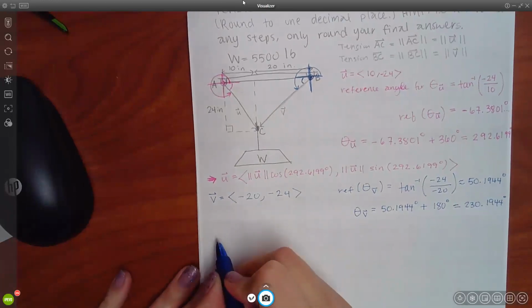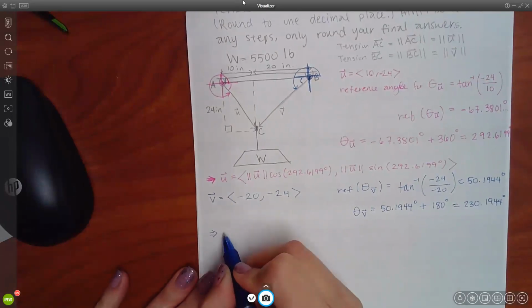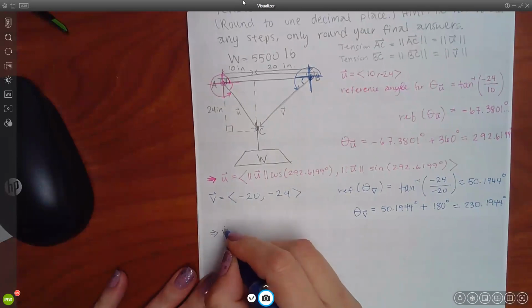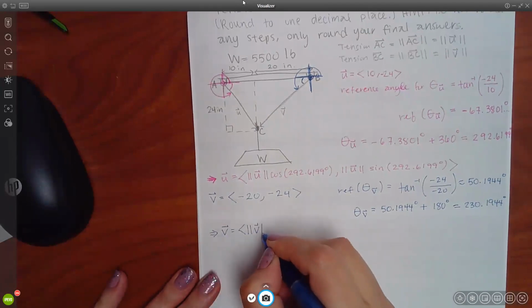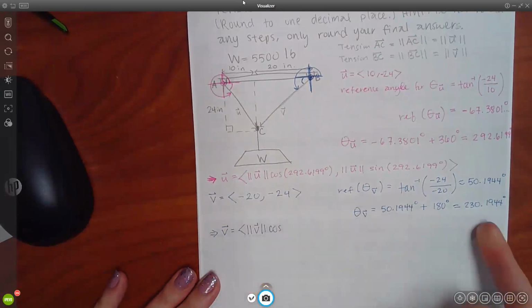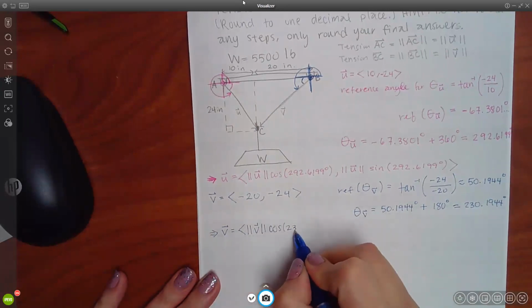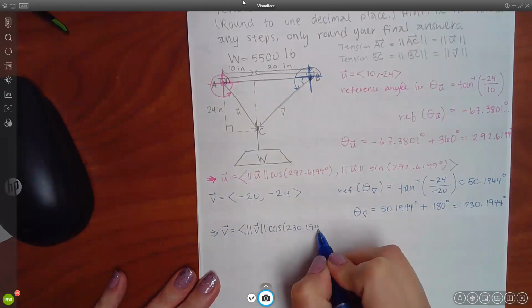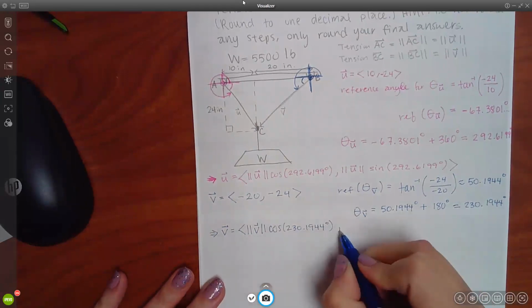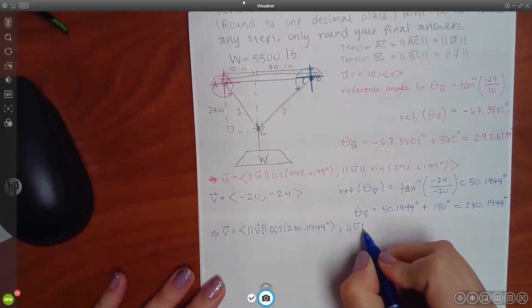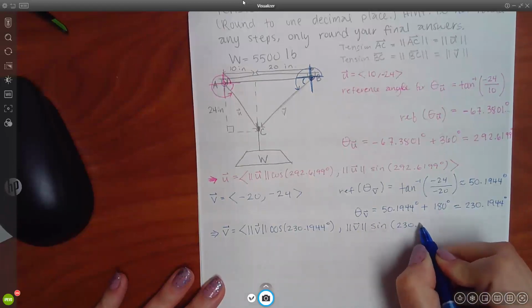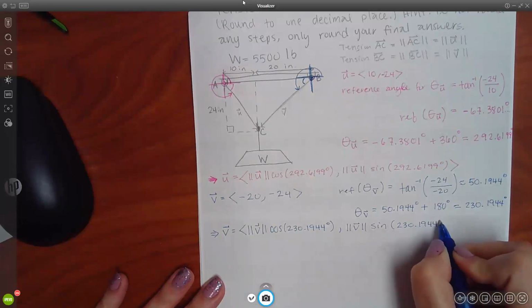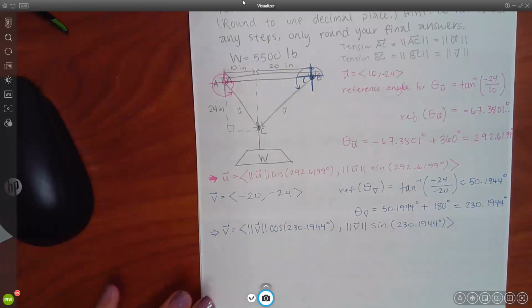So then I can write the V vector with magnitudes. So the V vector would be the magnitude of V times the cosine of this angle, and then the magnitude again times sine of that same angle. And that's how I can write the vector for V.